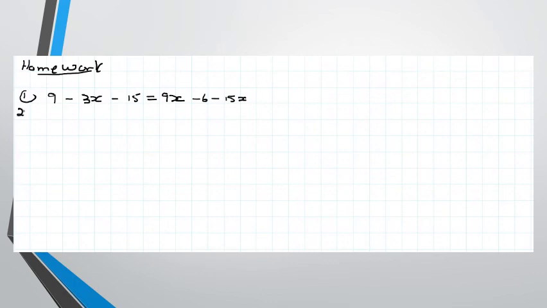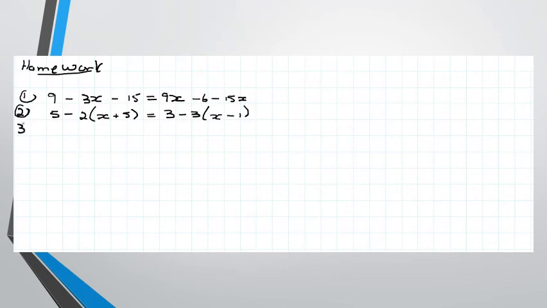Number 2: 5 minus 2x plus 5 equals 3 minus 3x minus 1.